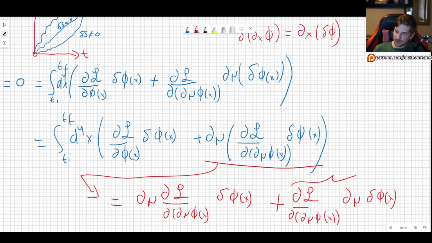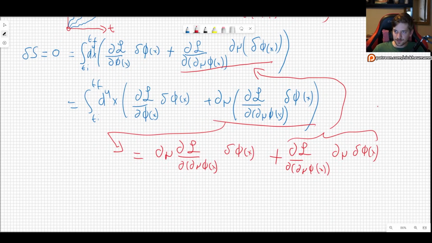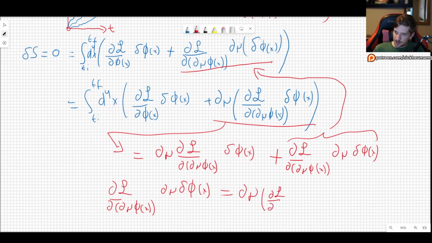So this second term right here is what we had there. So that is the same as what we have down here. So what that means is that if we want to isolate this thing, we have the derivative of the Lagrangian with respect to d mu phi of x, times d mu of the variation of phi of x.